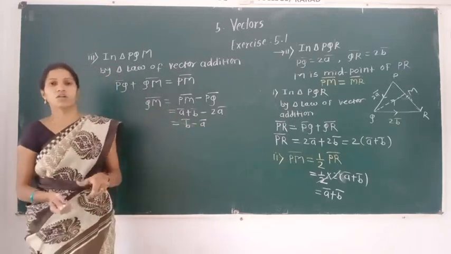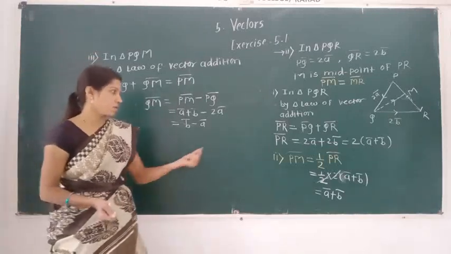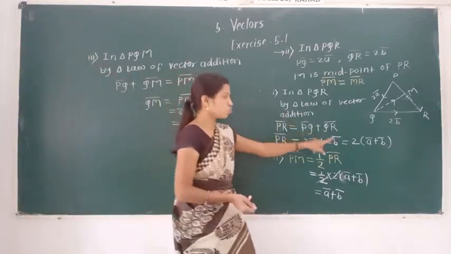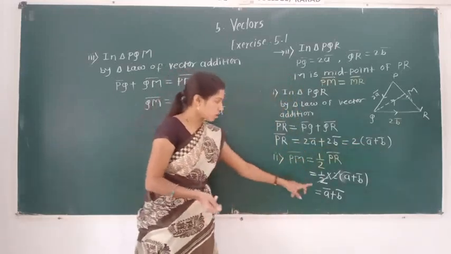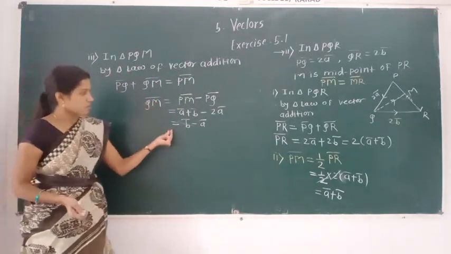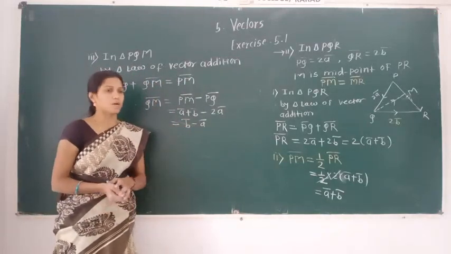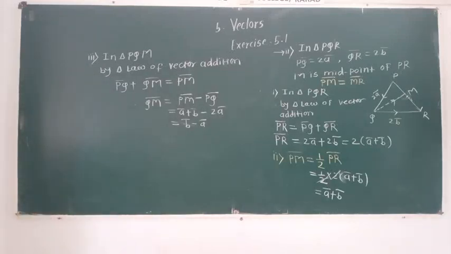And in this question we have to find all vectors in terms of a bar and b bar. So PR bar is 2 times a bar plus b bar, PM bar is a bar plus b bar, and the last is QM bar, b bar minus a bar. So first of all, take a screenshot of this example.